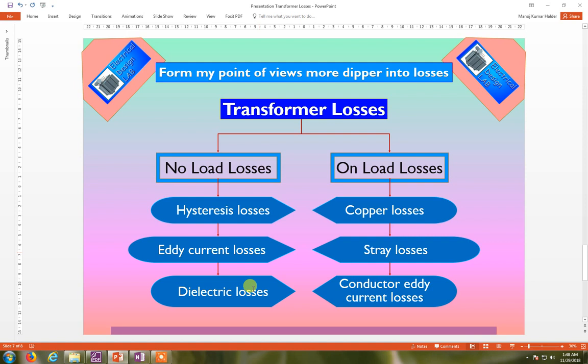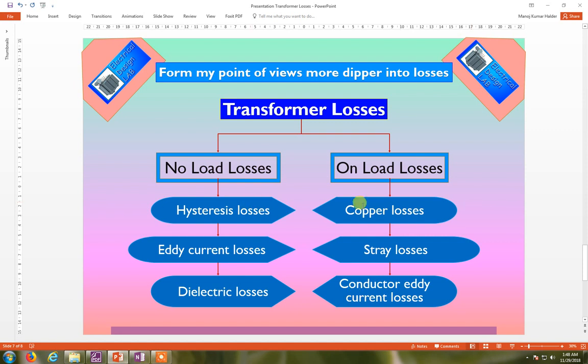There are three subcategories of no load losses. When the transformer is connected with the load, we call it on load, and the losses are copper losses, stray losses, and conductor eddy current losses. Understand? Copper losses, stray losses, conductor eddy current losses. It is a little confusing, but don't worry, I will describe every loss.